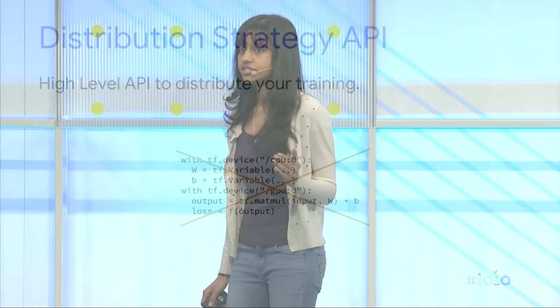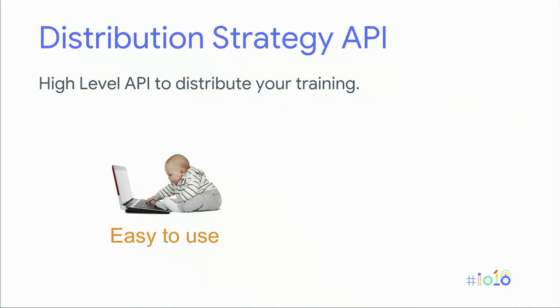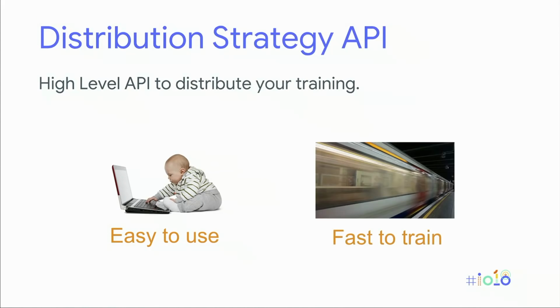With Distribution Strategy API, you no longer need to place your ops or parameters on specific devices. You don't need to worry about structuring your model in a way that the gradients or losses across devices are aggregated correctly. Distribution Strategy does that for you. It is easy to use and fast to train.